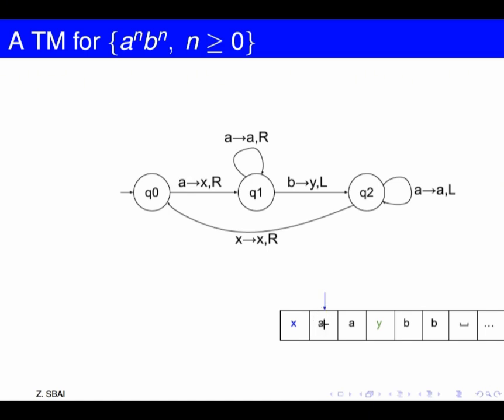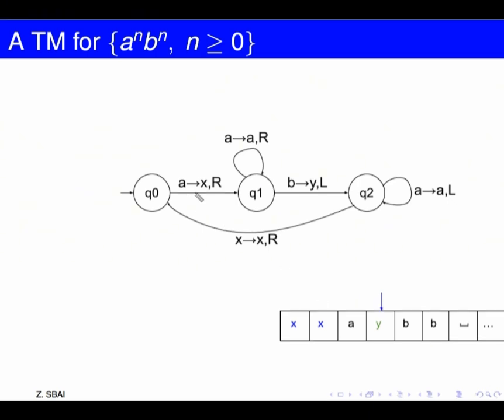We'll change this A by X and keep moving right until finding a B. We will write a Y there and go left. Keep going left until finding an X and do the same work again and again.